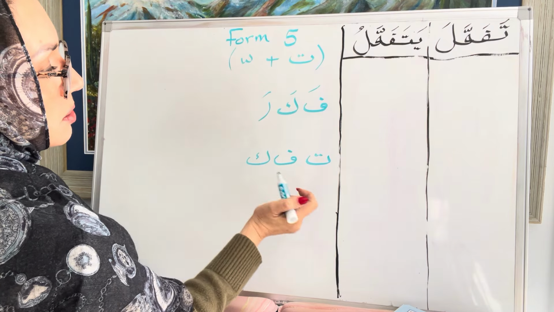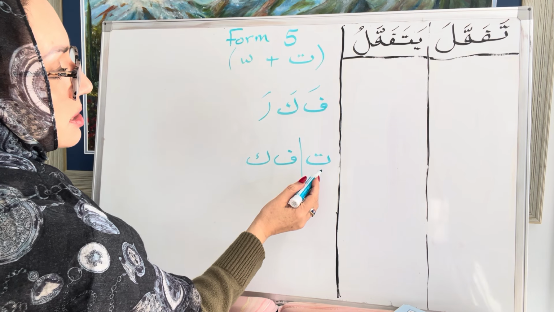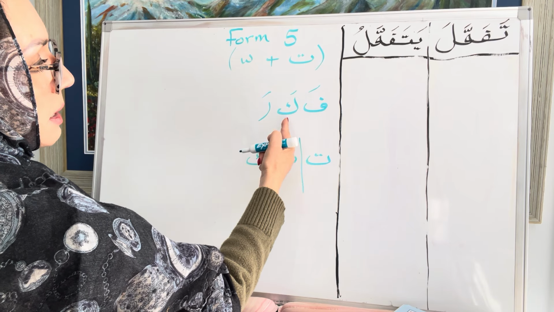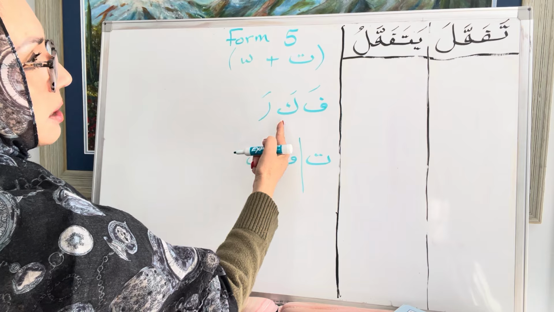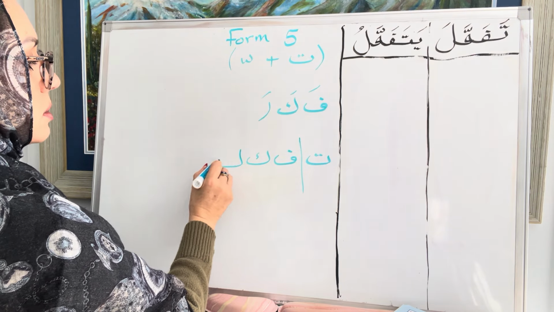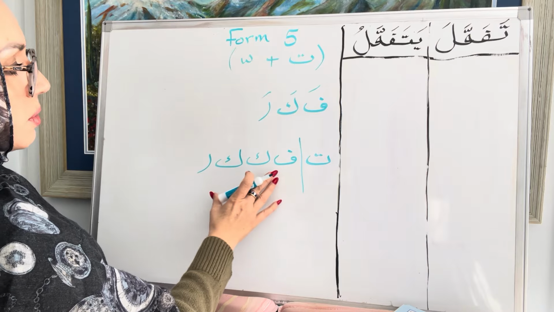This is not part of our basic root, so this is added extra. So we come to the basic fa kalima, ain kalima, lam kalima. The ain kalima, which in this case is a kaf, is doubled. So we have to do another kaf and then the ra. This is all that is added here.